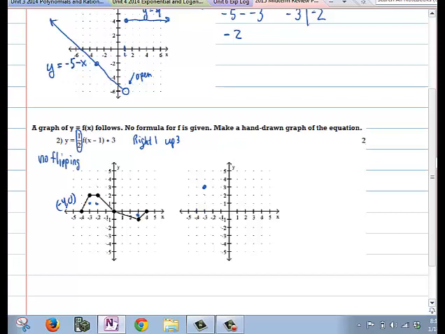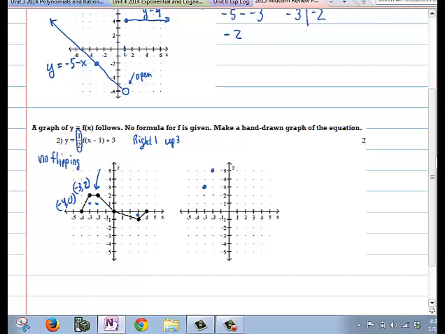I'm going to draw the function in its original state, and then I'm going to squeeze it by a factor of 2 once I get my original function drawn. This point is at -3, 2. So I'm going to move that right 1, up 3. So I go from -3, 2, right 1, up 3, and that's where that point is moved to.